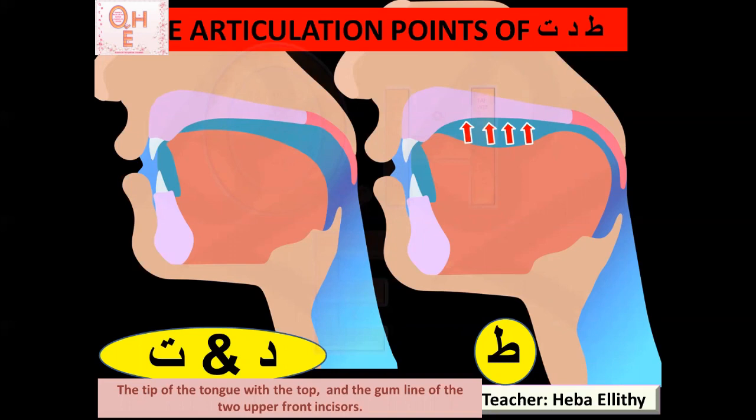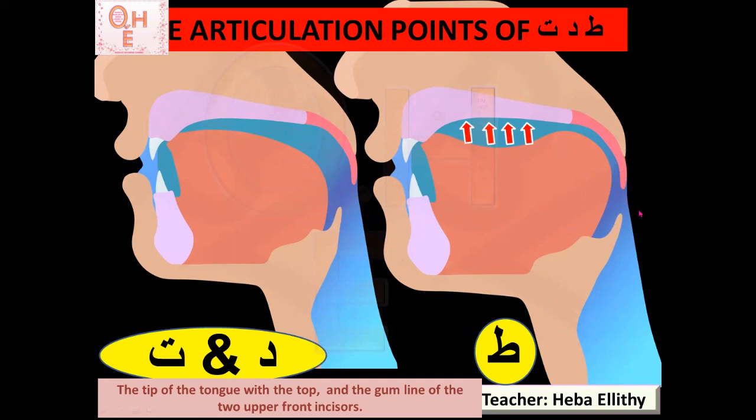I want you to notice very carefully the difference between the shape of the tongue for all of them. Very good. If you look here, you will find letter طا: your tongue is up from the back, with the soft area of the palate. Letter دال is completely down from the back.